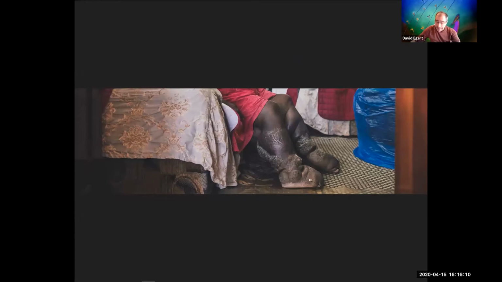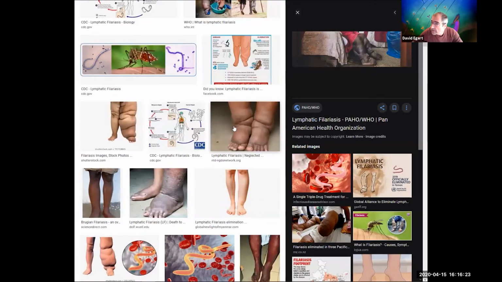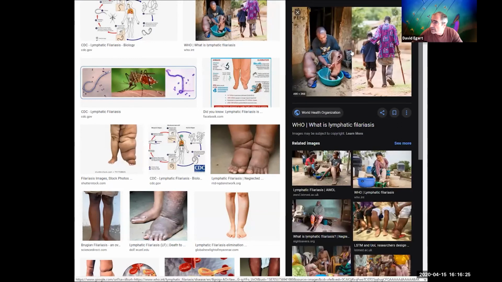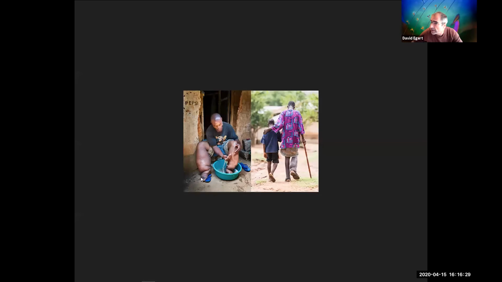This is somebody's legs that have just been filling with fluid without having the drainage because the lymph capillaries are all clogged up. Here, again, it's pretty horrifying. You can see his legs are just swollen.